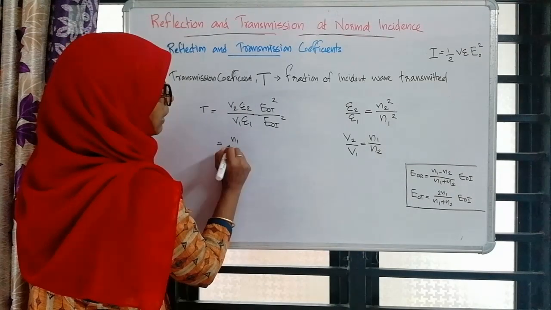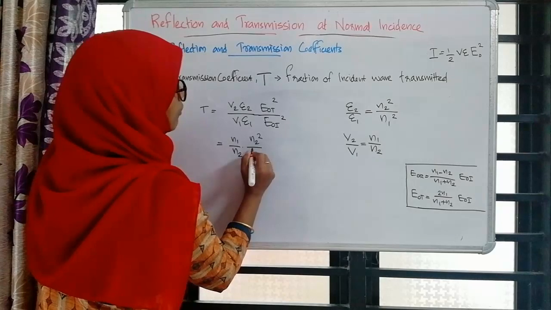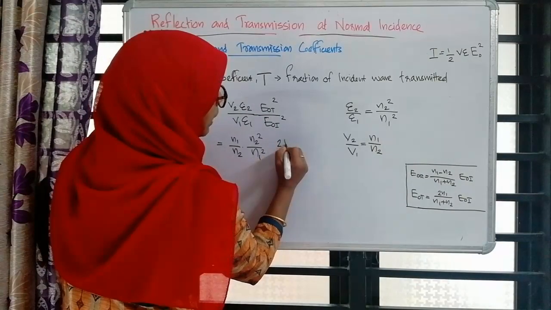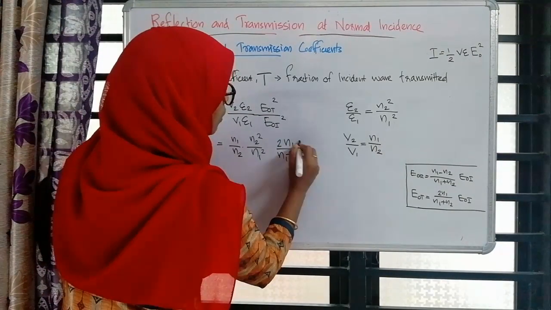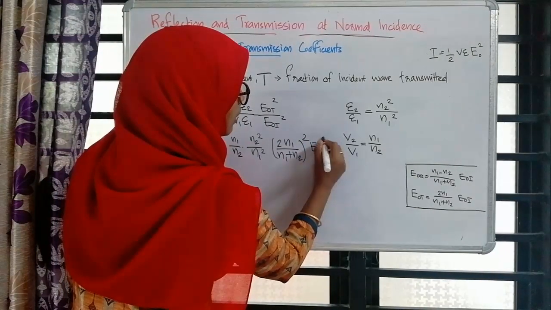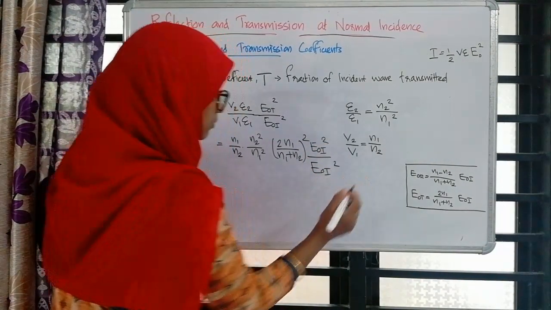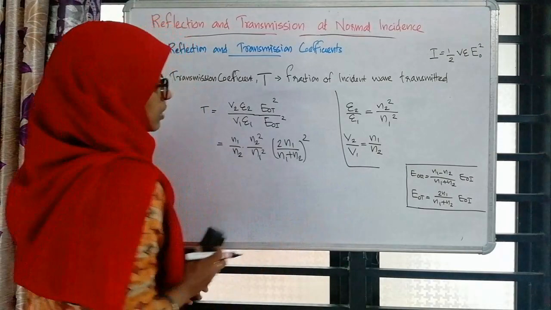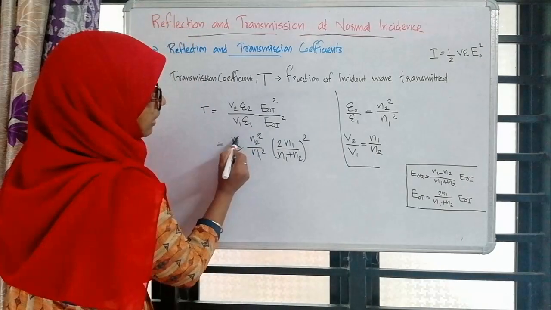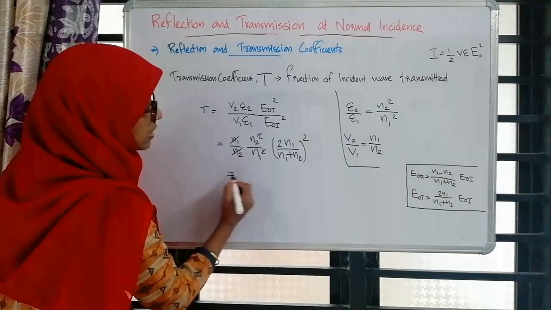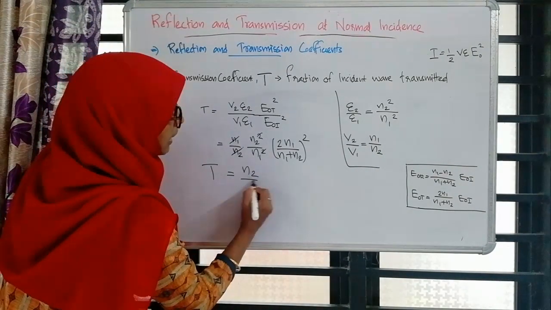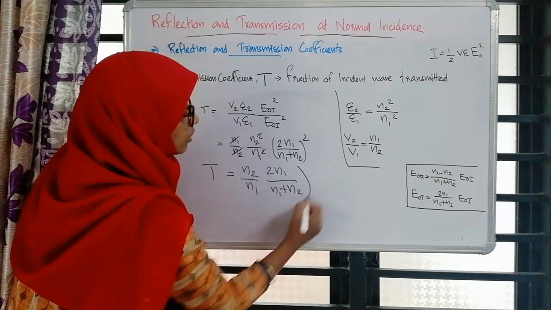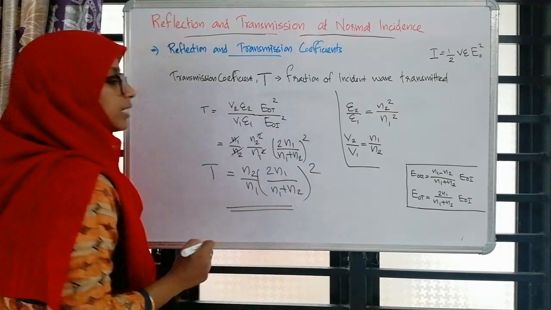That's equal to N1 by N2 into N2 square by N1 square into E0T square, where E0T is equal to 2N1 by (N1 plus N2) times E0I, squared, divided by E0I square. Here E0I square vanishes, N2 square and N1 square get cancelled, and the remaining is T equal to N2 by N1 into (2N1 divided by (N1 plus N2)) whole square. This is the expression for the transmission coefficient.